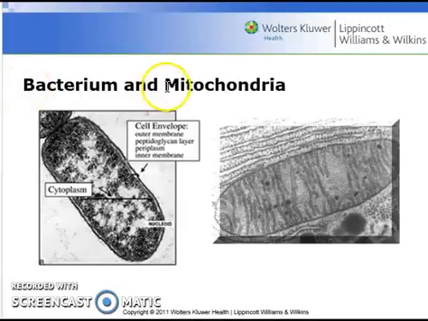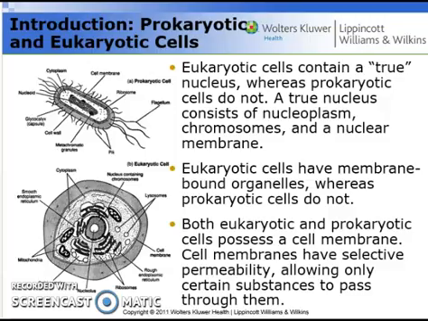Well, then you had a larger cell that had a membrane-bound nucleus that didn't have any mitochondria, and it ingested this mitochondria that was likely living as a bacterium. And through that process of ingestion, it just didn't break down the mitochondria once it was absorbed. And so the end result was that you ended up with a cell that had mitochondria living inside of it through a very symbiotic relationship where the organisms were not harmed.